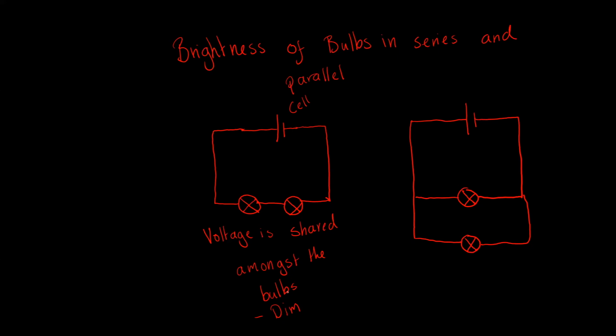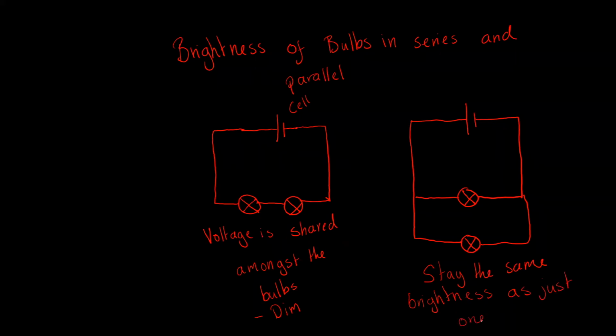But in a parallel circuit, the voltage is going to be the same for each bulb. In series, these two could actually have different voltages across them, so one could be a little bit brighter than the other. You don't have to worry at this stage about calculating it, it's called a potential difference. But in a parallel circuit, they actually stay the same brightness, as just one bulb.